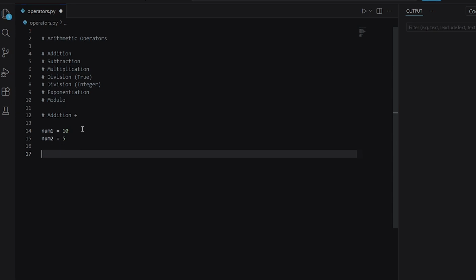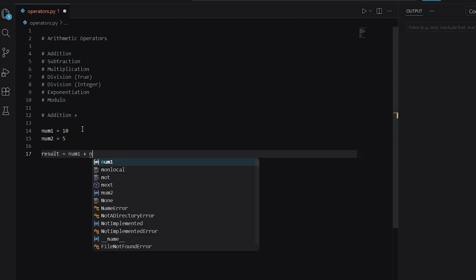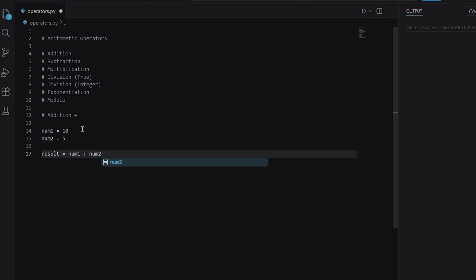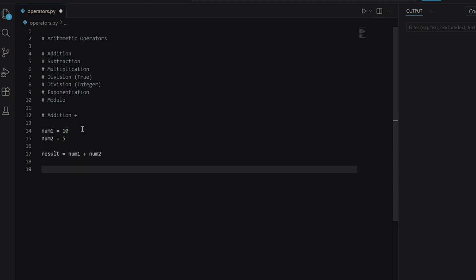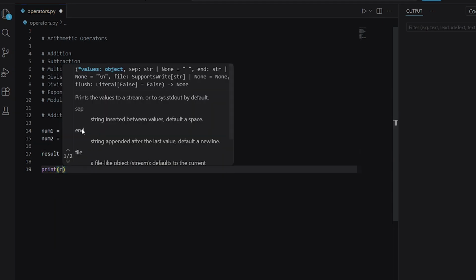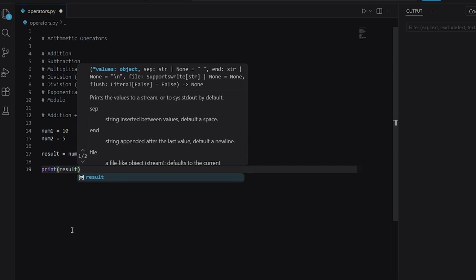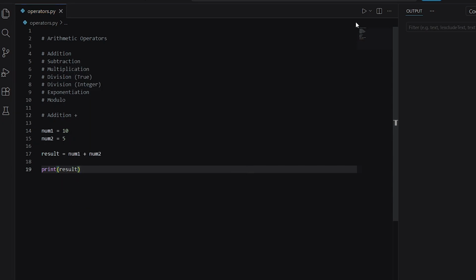So we can have result is equal to num1 plus num2. So let's go ahead and print our result. So here we have print result. And you can see we have 10 plus 5 equal to 15. So this is the symbol we use for addition.